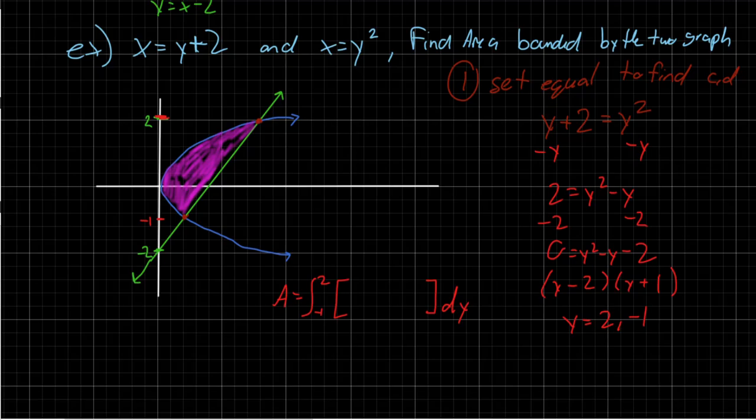Which one is greater than the other? Yes, why? Because it's like further to the right. Y plus 2, yeah. So this would be f of x. And this is g of x.